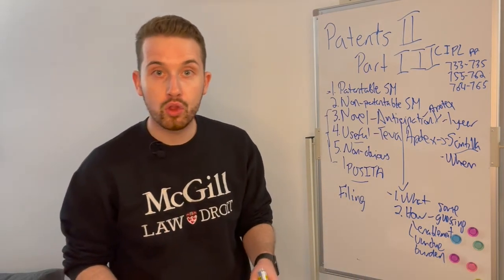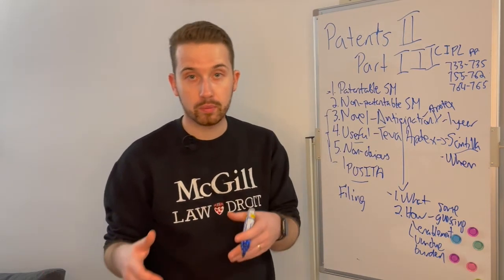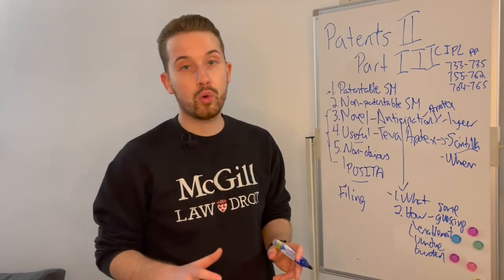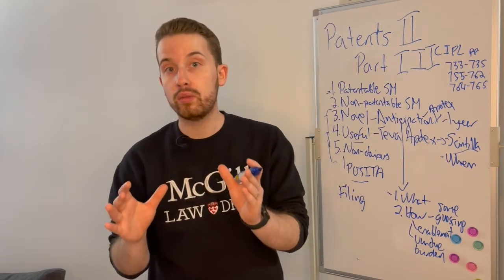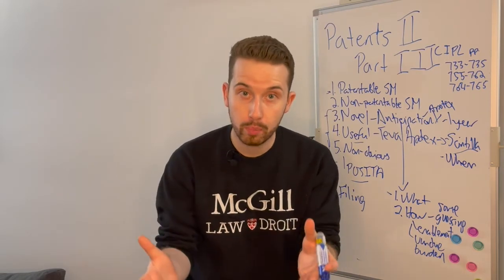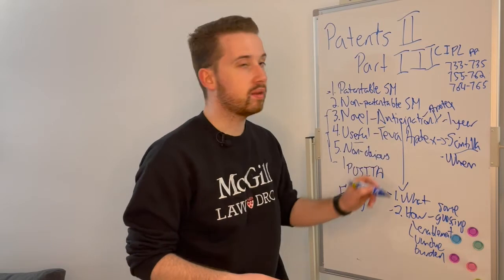Conversely, if it's an industry where there isn't much effort made, then you're going to have to provide pretty specific instructions in your disclosure to the posita for it to count as having been disclosed under anticipation.